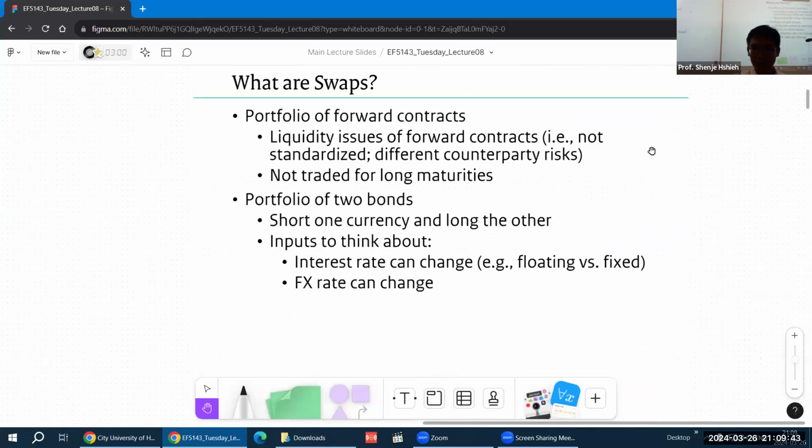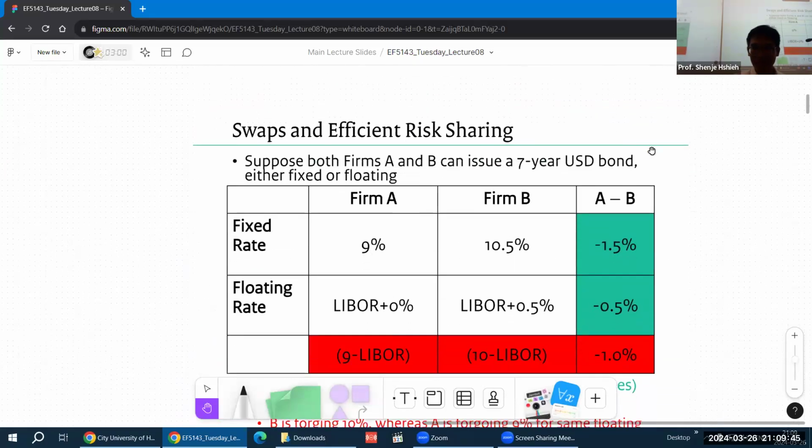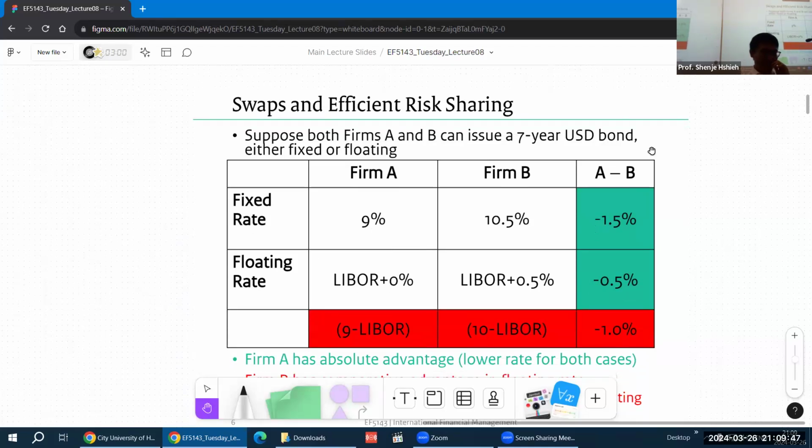So take this setting, for example. In this table, you have two firms, firm A and firm B, and two types of interest rates, a fixed rate and a floating rate. For firm A, the fixed rate is 9%, and the fixed rate for firm B is 10.5%.